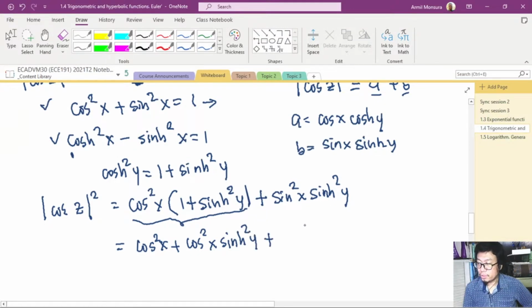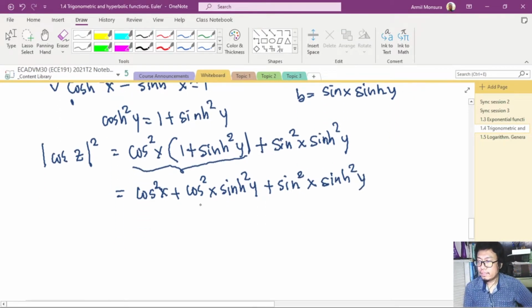And then the third term, this one, is sine square x times hyperbolic sine square y. Now observe the last two terms of the result, that they have the common factor hyperbolic sine square y.